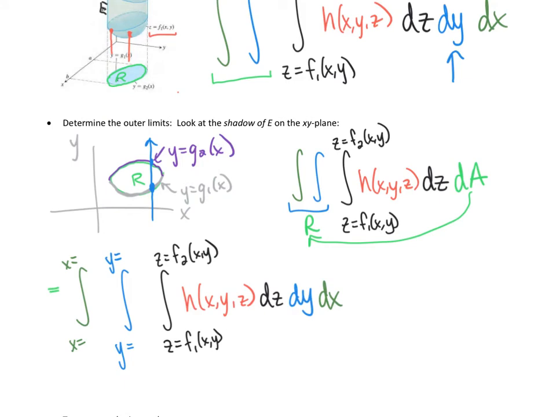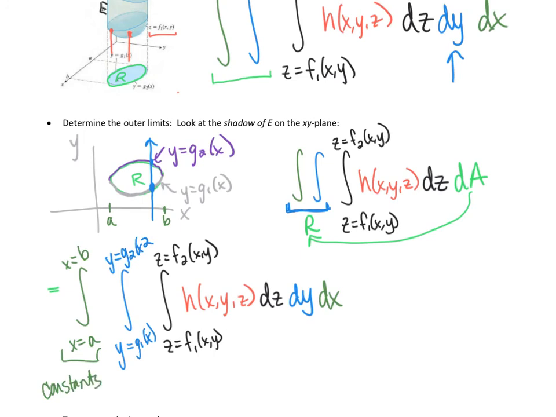Okay, and just to remind you, to get these first two integrals, you're just thinking of it as if it was a double integral, how you would set up your limits for that particular region. So here I'm entering the region at g1 of x, I'm exiting at g2 of x, and then to get my outer bounds, just like we did with double integrals, I'm looking at the smallest and the largest values of x in this region, and my outer limits are always going to be constants.